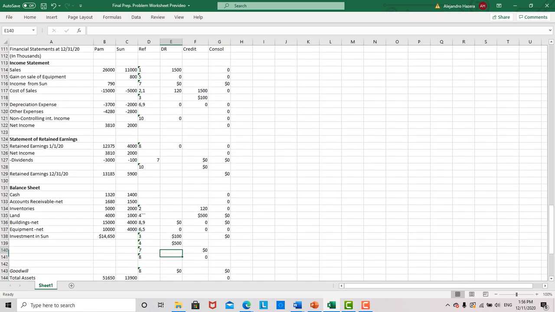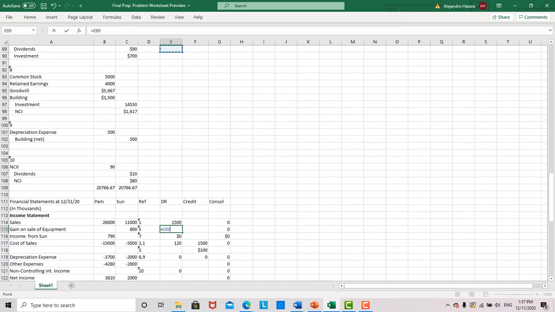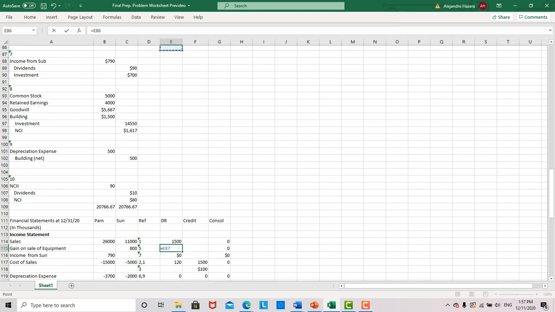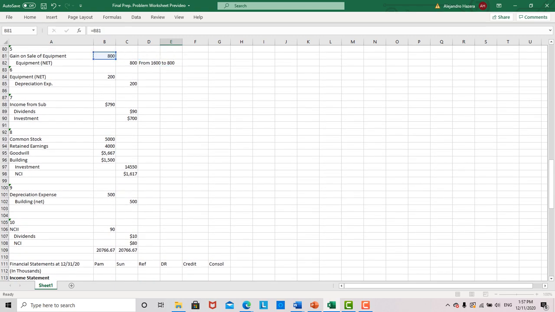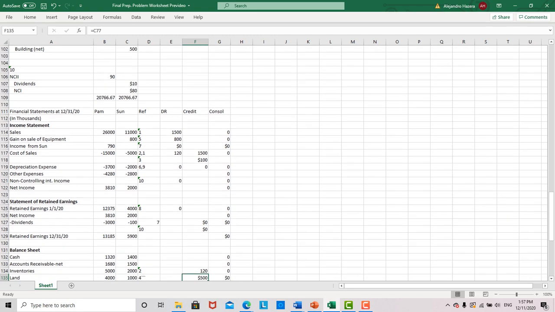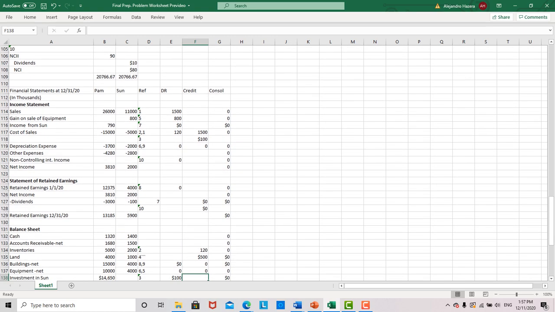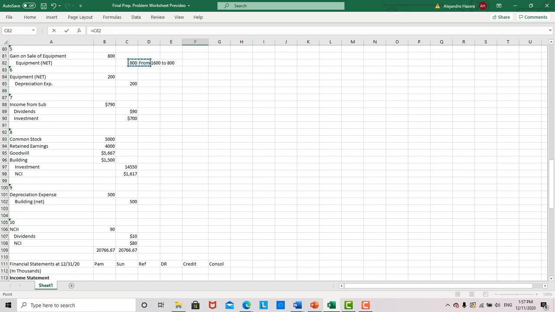Okay, and the final thing is gain on sale of equipment. There had been a gain on sale of equipment this year, so it was sitting on the sub's books. That was upstream. So that, and then we've got to write the equipment down because it had been basically falsely written up. Okay, so we've got a credit to the equipment account there in entry number 5 for 800.